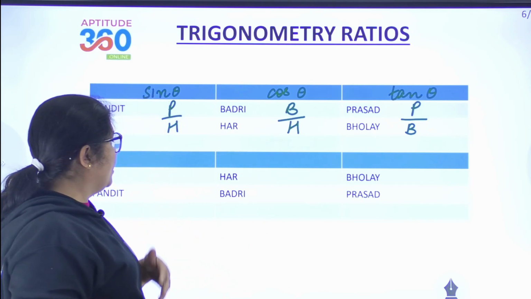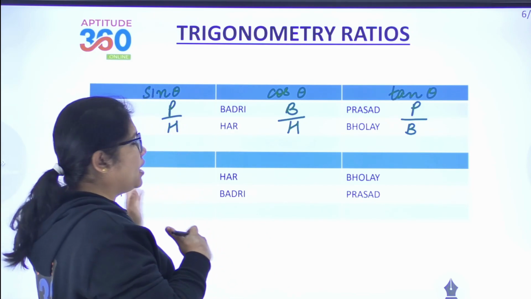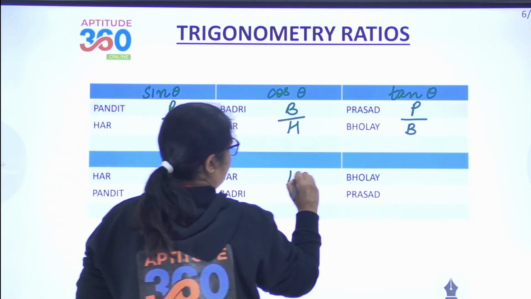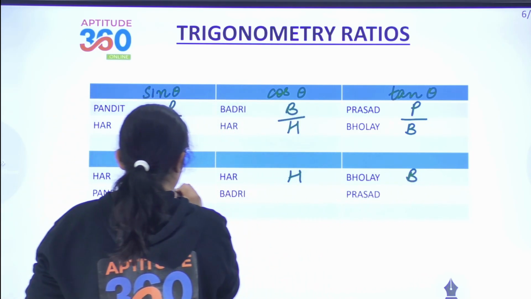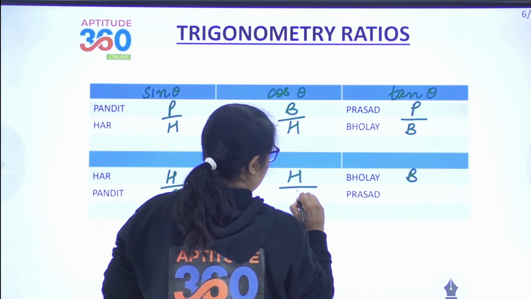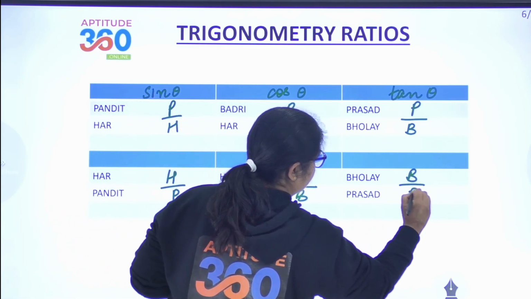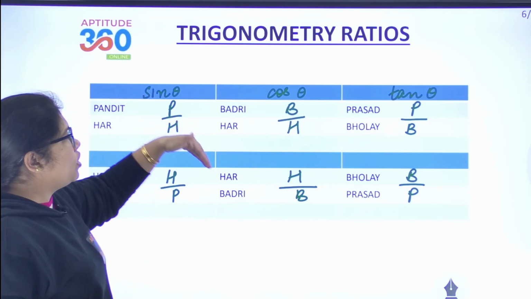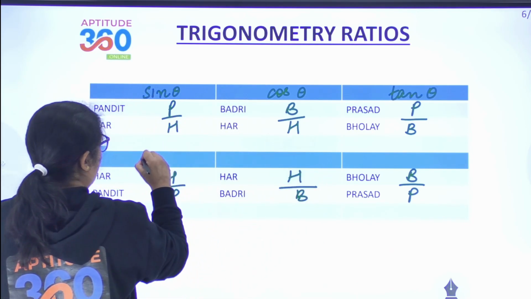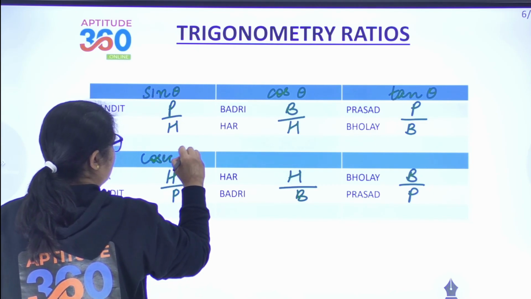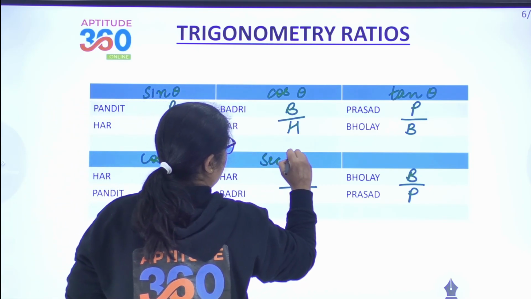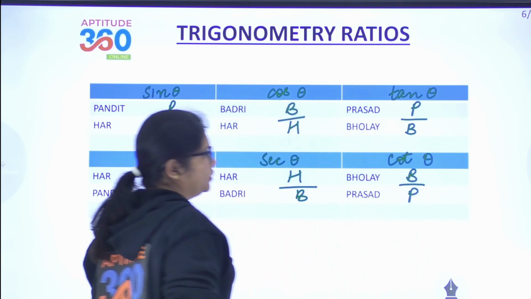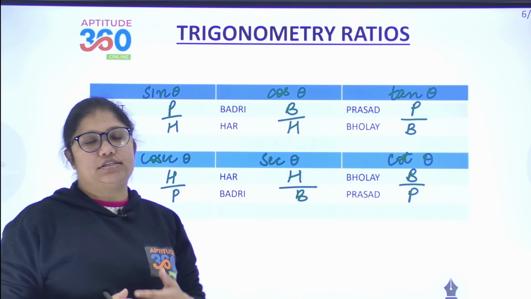Now, if you make it reciprocal of this, Har Har Bole Pandit Badri Prasad, now it is the reciprocal of sine, cos, tan, which is cosec theta, sec theta, cot theta. Right? You will be able to remember all the 6 ratios.